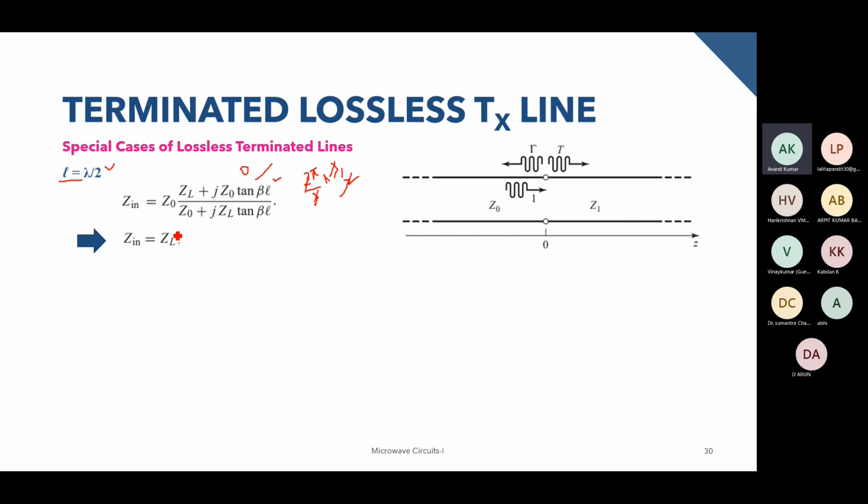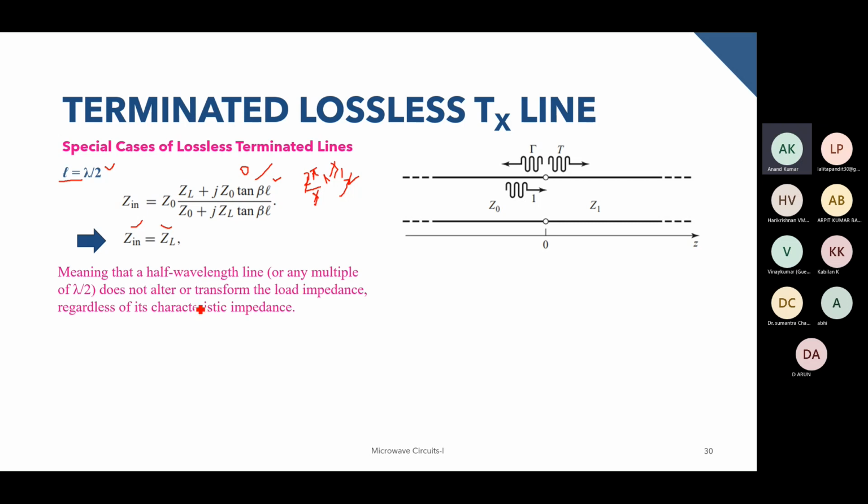A very interesting observation: at lambda by 2 distance, the effect of the transmission line vanishes, and we only see the load impedance.